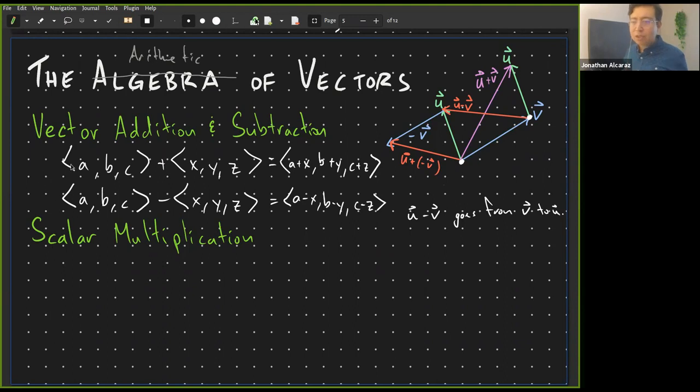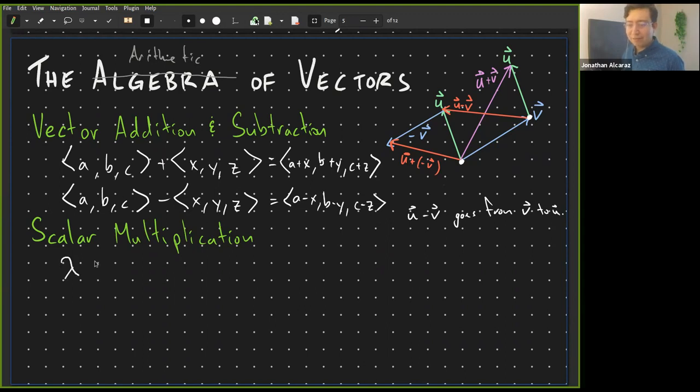We can't necessarily multiply two vectors together, though we are going to learn a sort of multiplication for vectors tomorrow. But we can multiply a vector by a real number.